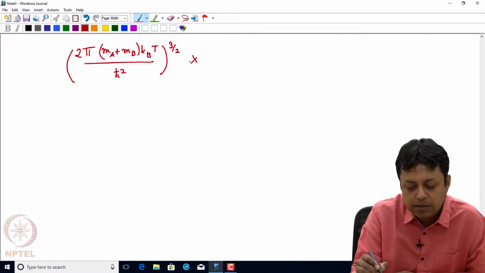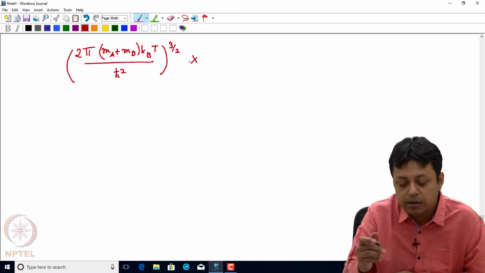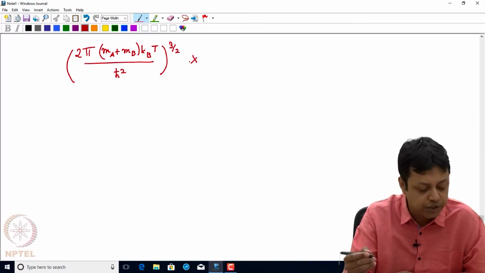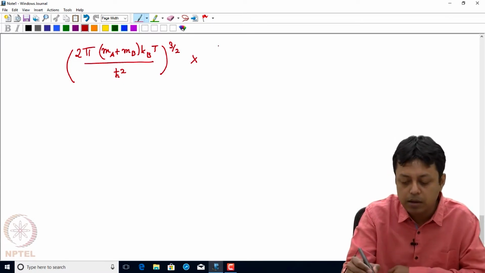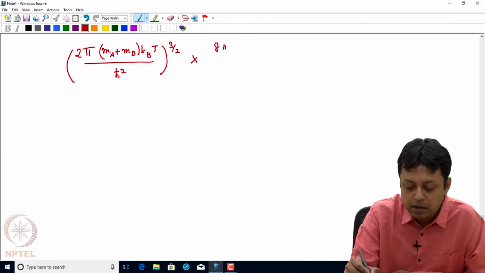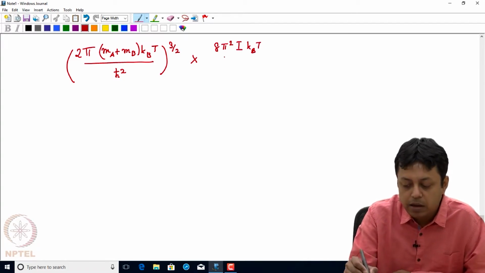Then it will have its vibration, which we have already taken care of, and it will have its own rotation. The rotational partition function, if you remember the formula, was 8 pi squared I, where I is the moment of inertia, kBT by h bar squared into sigma.